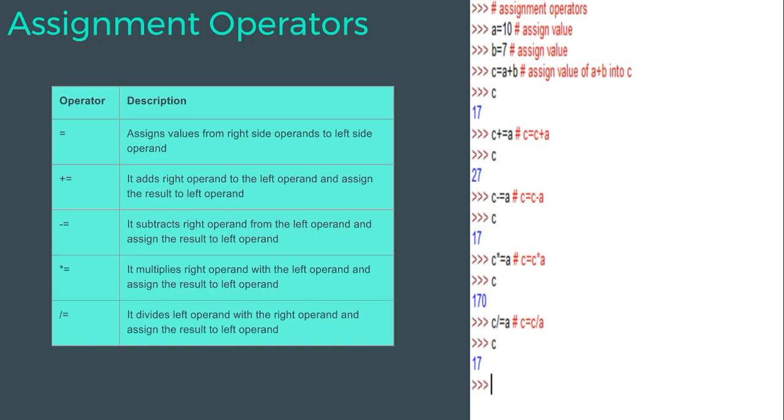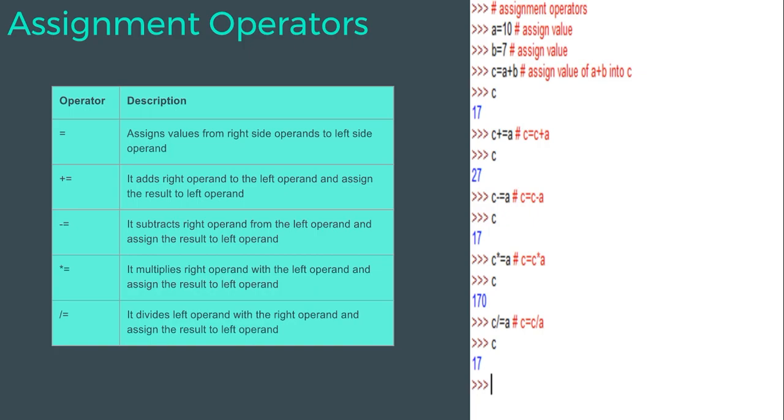Here c is 27 minus 10, the answer will be 17. The same way, c multiplication equal to a means c is equal to c multiplied by a. Here c is 17 multiplied by 10, so the answer will be 170.